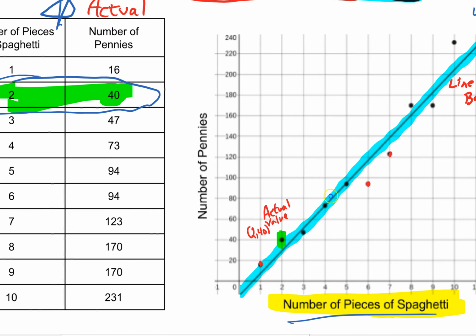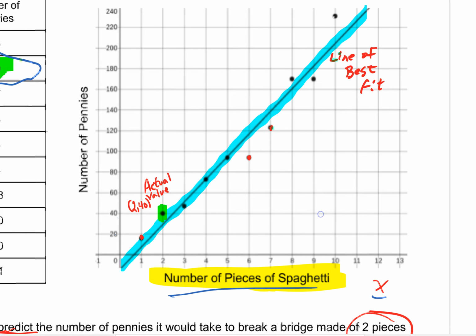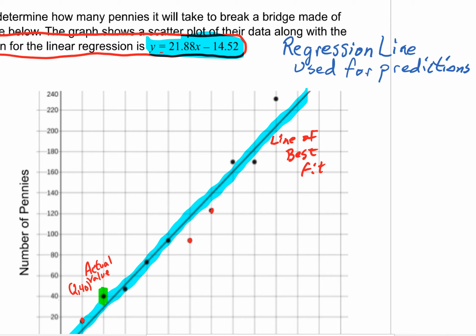You can see that in our data, we only went up to 10 pieces of spaghetti. You might say, what if we went out to 12? What if we went out to 11? You could plug in x equals 12, x equals 11, and you could get a prediction as to what we would expect for the number of pennies it would take to break such a bridge.